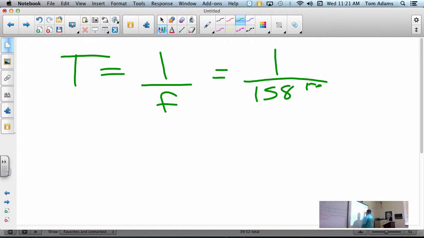Now remember, this is revolutions per second. So what's 1 divided by 158? Does anybody want to tell me? 0.006. Yeah, it's approximately 0.006.